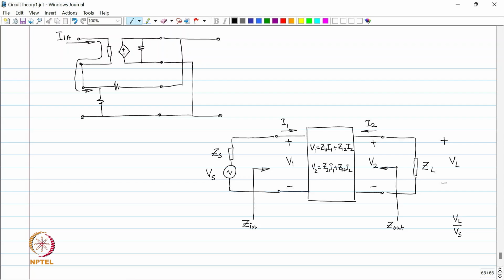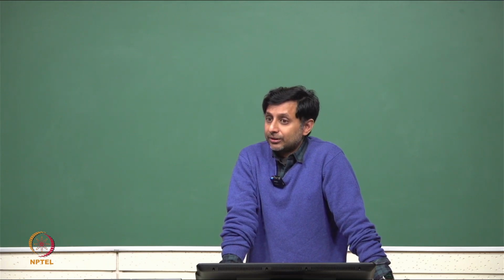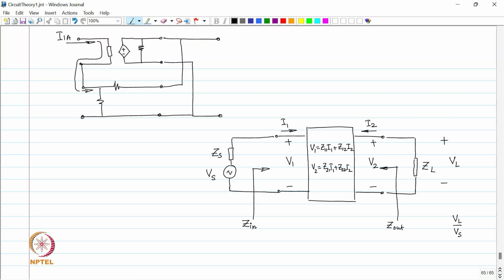So, let us start with Zin. Before you can start with Zin, is there a relationship between I2 and V2? What is the relationship? V2 is equal to minus I2 ZL.